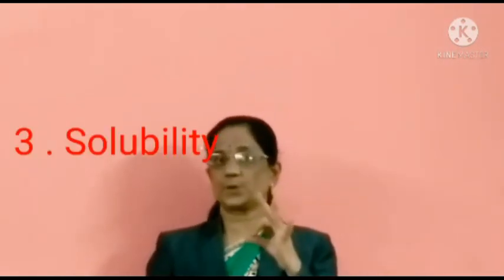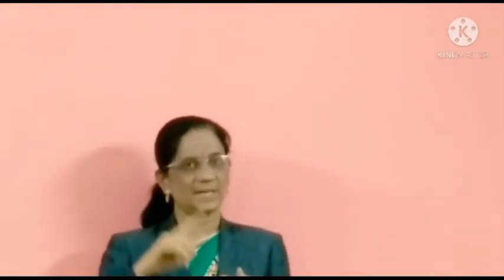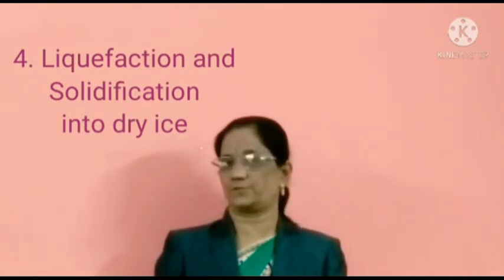Third physical property is about solubility. It is fairly soluble in water and its solubility increases with increase in pressure, and that's why students, this carbon dioxide gas is used in carbonated drinks. The next one is the liquefaction and solidification into dry ice.